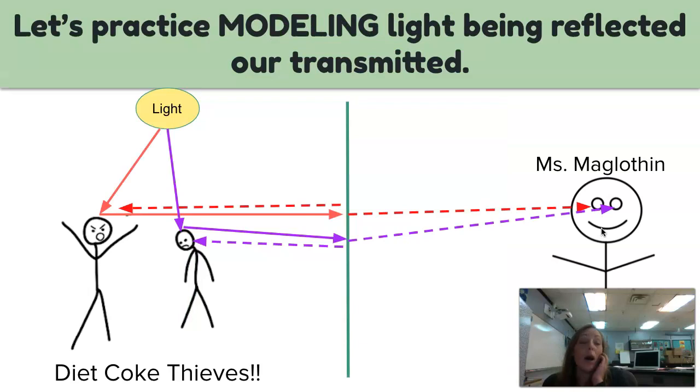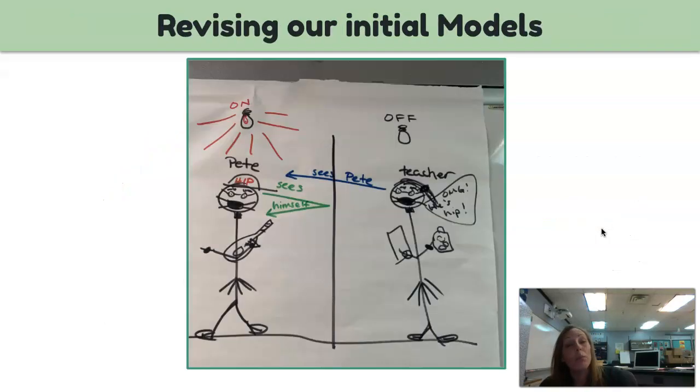All right, so the rest of the kids in class are doing an exit ticket right now. I've put the exit ticket in the Schoology folder today, so if you want to look at it and see if it's something you'd be able to do, you're welcome to. That is not a required assignment. What we're going to do next, after the kids have done the exit ticket, is go back to our initial models that we drew of Pete and the teacher in his music lesson with the one-way mirror.